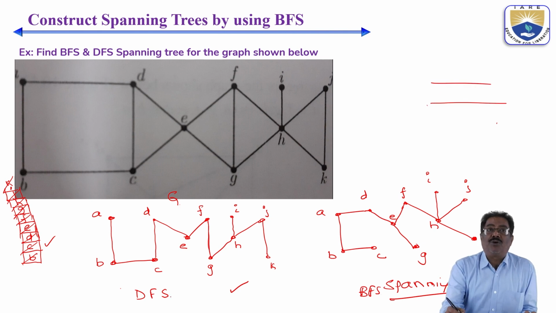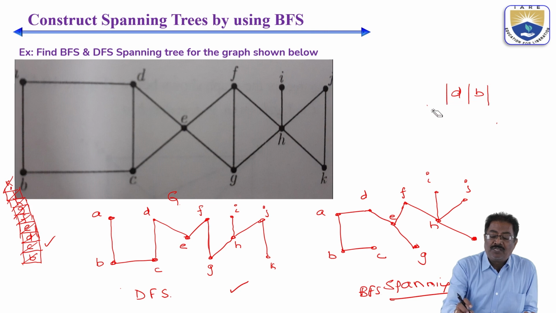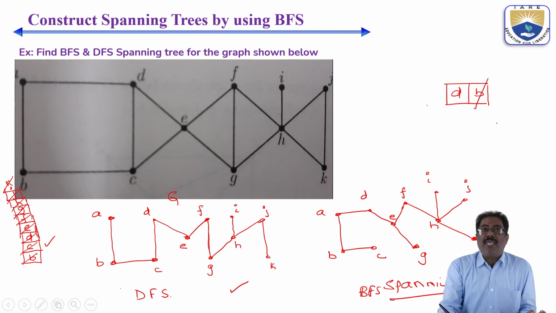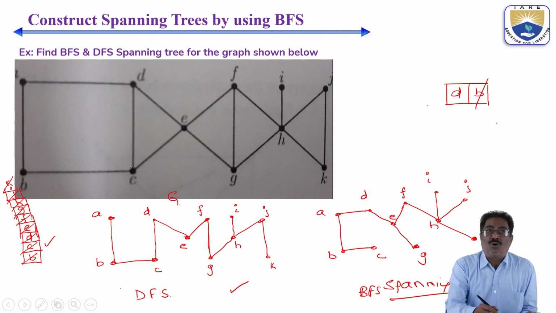For suppose, B node you make visited, and after that D node, then we have to put these two vertices into the queue. Then from these two, which one do I have to consider? I am going to consider B, and then we have to see which adjacent node to traverse.